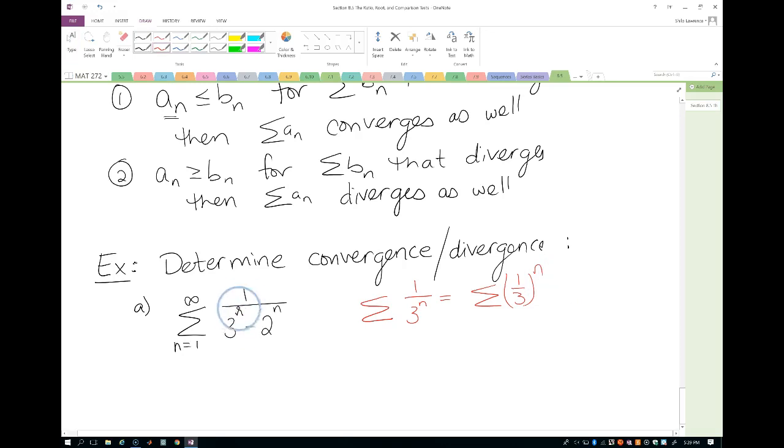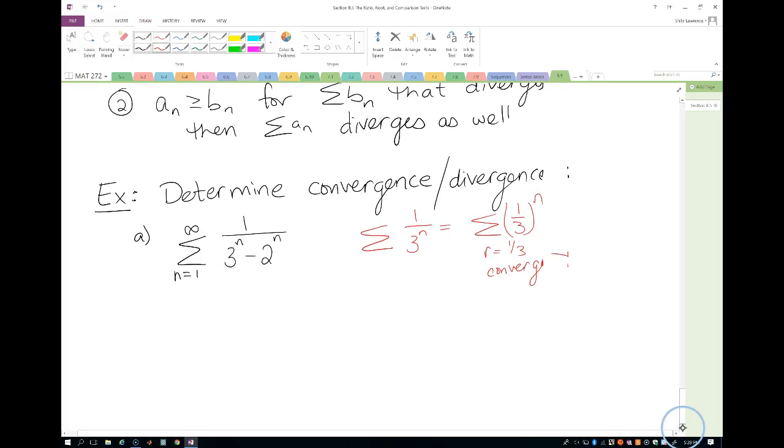And whether we set it up for the first one or the second one, here we have an r value of 1/3, which means this is a convergent series. So most likely ours converges because of how similar it looks to a geometric series, but we can't actually apply the geometric series test because of the subtraction in the denominator.